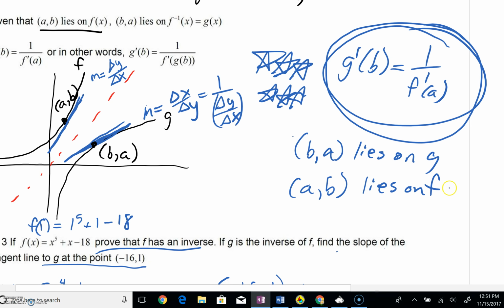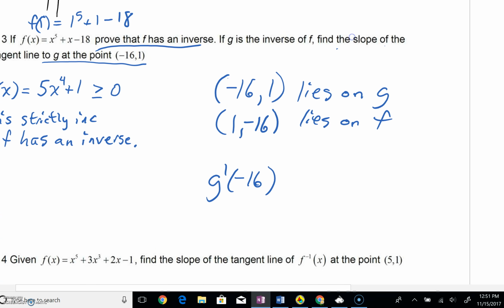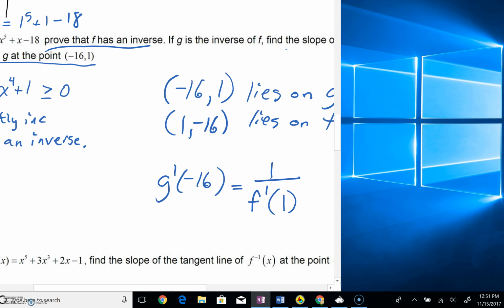That's from the picture we just saw. Two very different x values for our tangent lines, but it's a reciprocal relationship. So I could say g prime of negative 16 is 1 over f prime of what number? 1.